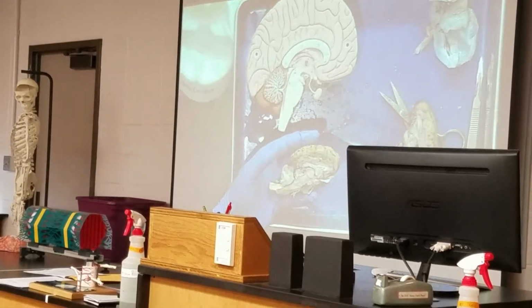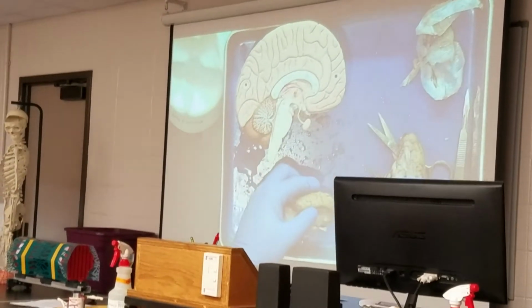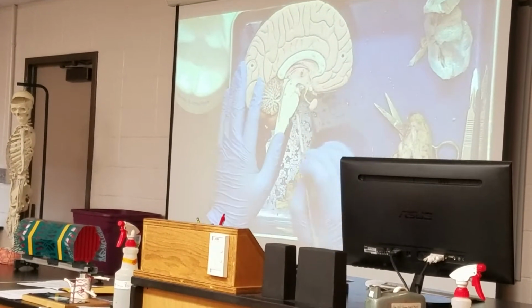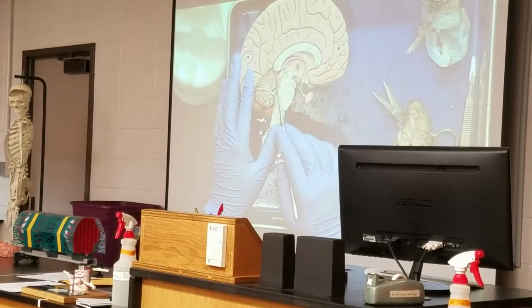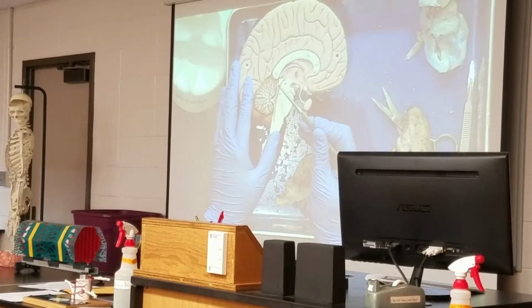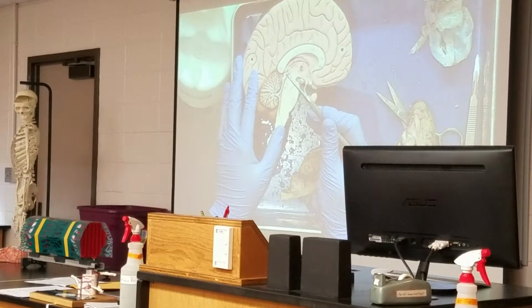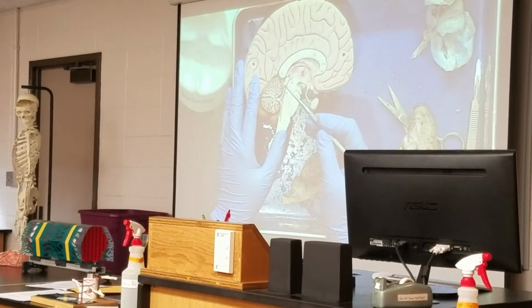Another weird structure that we're going to talk about is the colliculus, or the colliculi if you go plural, number 31 on your human brain, right there. This is the inferior colliculus. This is the superior colliculus, and under the pineal gland, under 23, you've got two structures here. They're labeled 31.